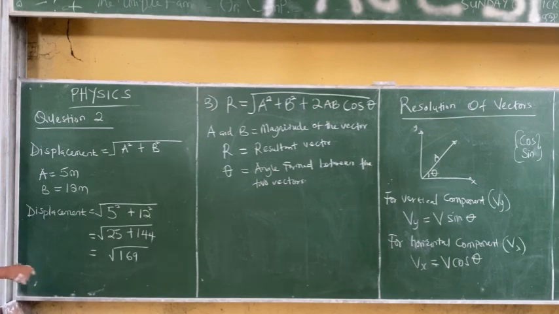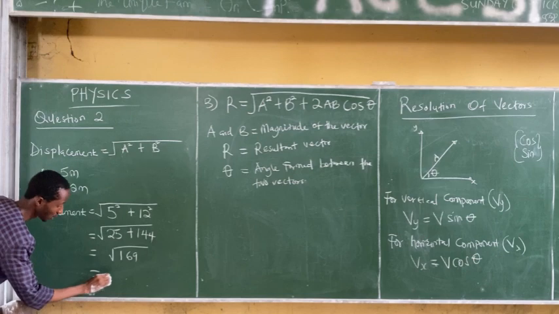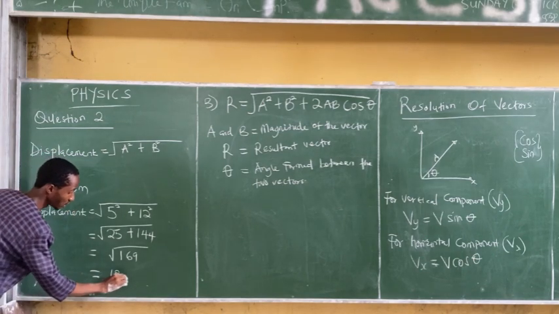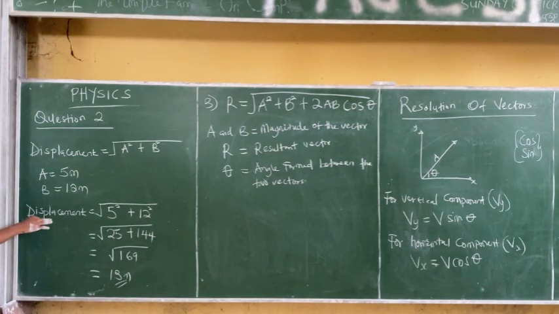If you take the square root of 169, it's going to give us 13. So we have our final answer to be what? 13 meters. Don't forget, displacement is measured in meters.